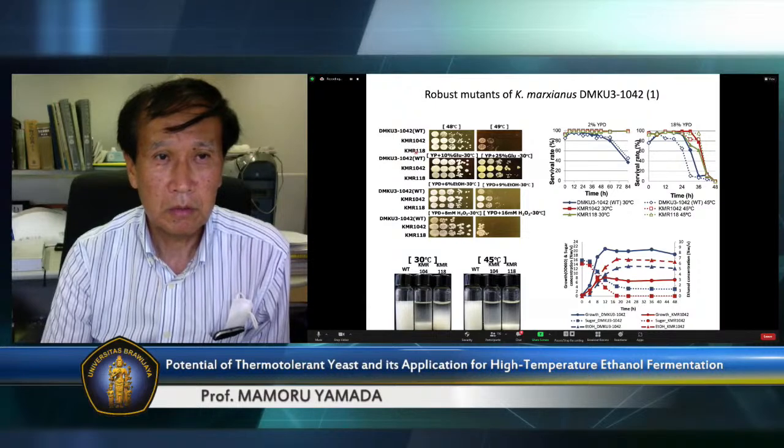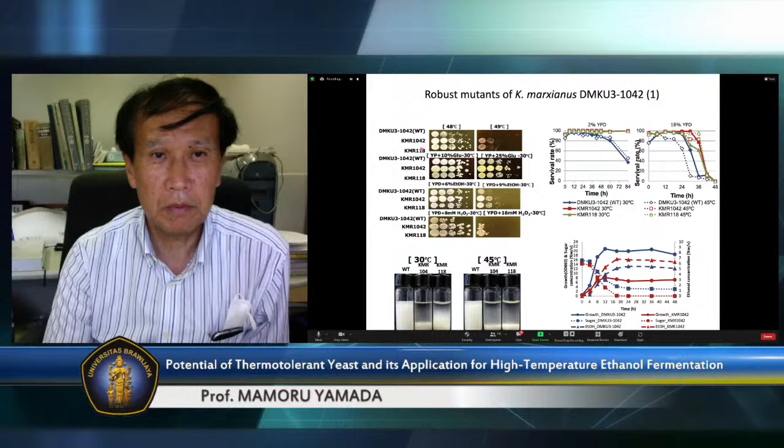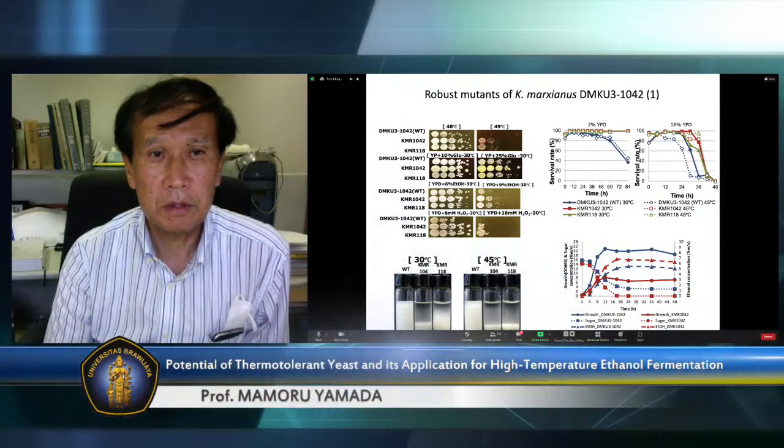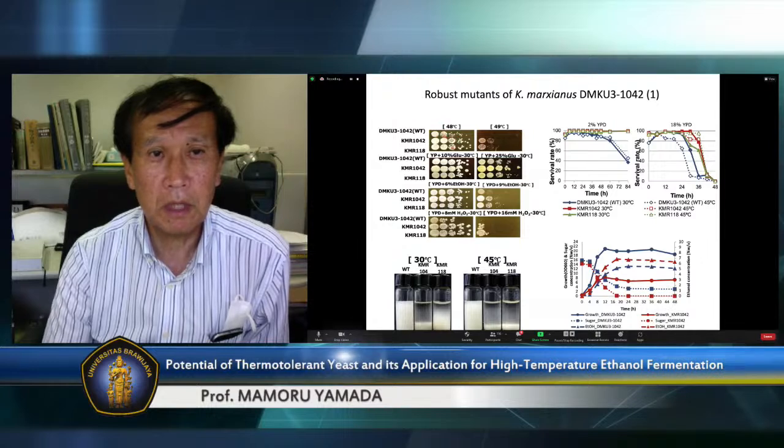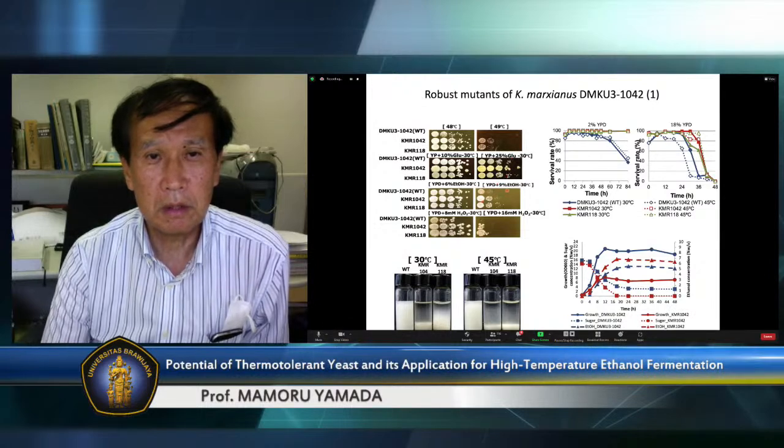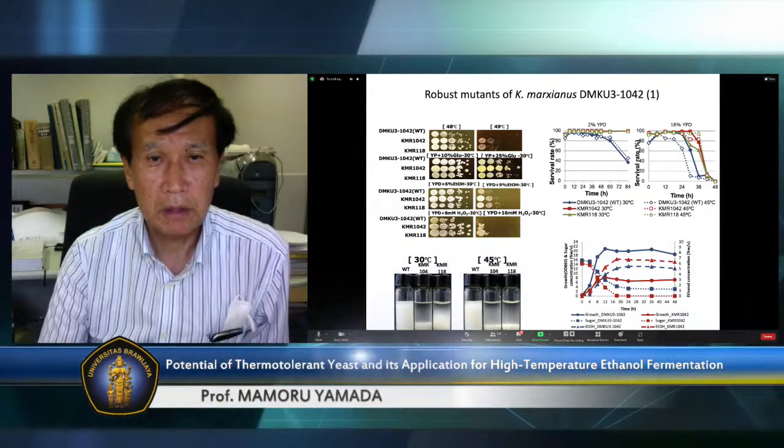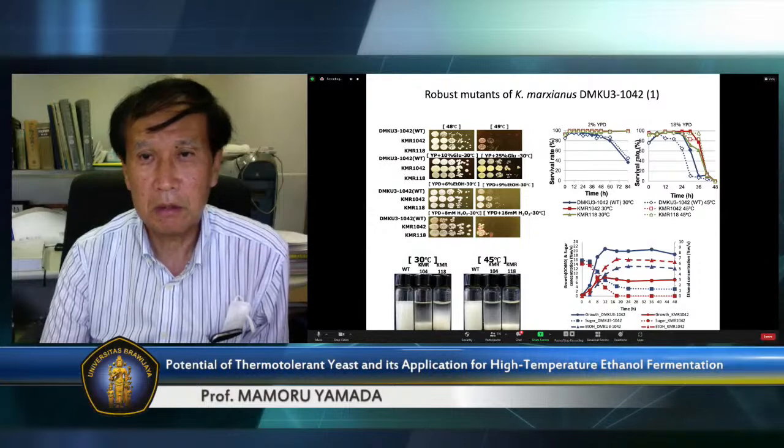So there are two mutants, KMR1042 and 118. Both show resistance at higher temperature, as you can see, compared to wild type, and also resistance to high concentrations of glucose, high ethanol and also hydrogen peroxide.